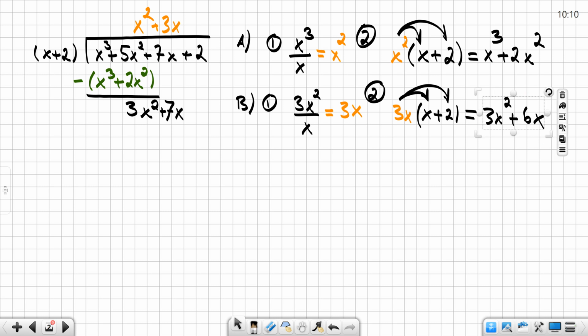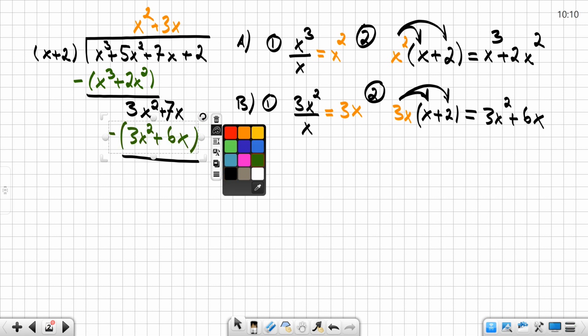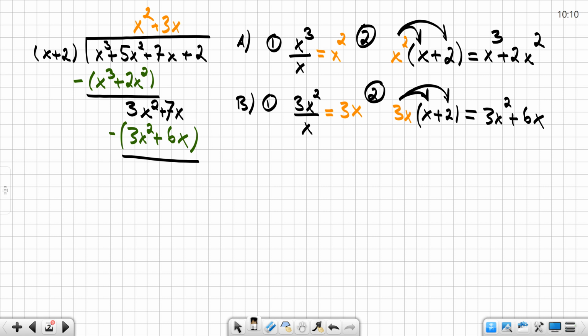All of this right here now is going to go underneath here. What am I going to do next? I subtract this from the top. Let's make the colors match. 3x squared minus 3x squared goes away. 7x minus 6x, that will leave us with exactly 1x.